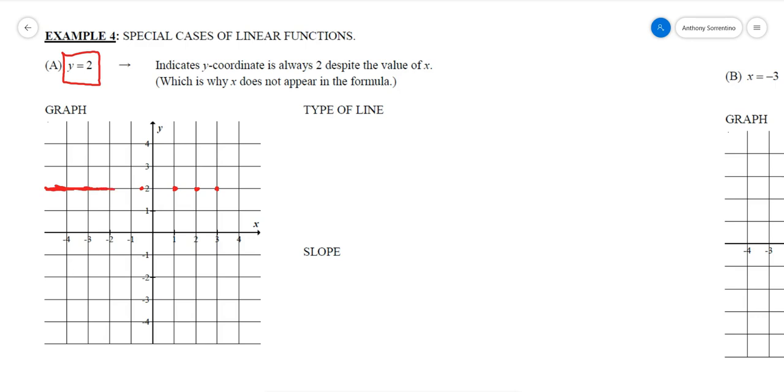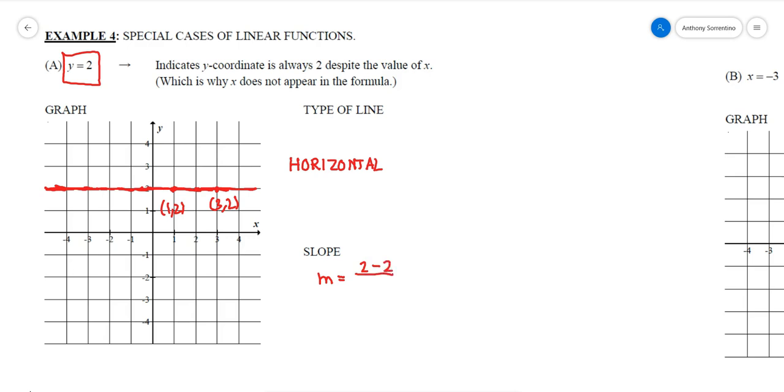And so basically, this would be the line. So this is a horizontal line. If I pick 2 points on this line to figure out what its slope is, here's 1, 2, here's 3, 2. I'm going to use the slope formula, but I could probably do it just by counting. But for the sake of argument, I subtract my y's, I'm going to have 2 minus 2.